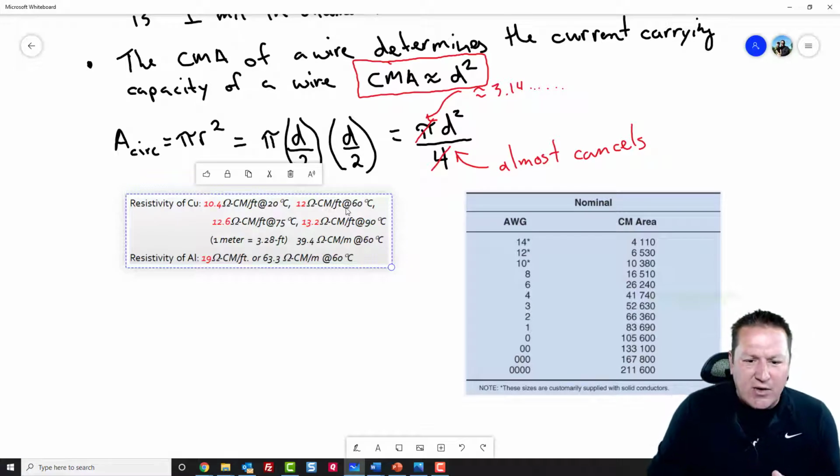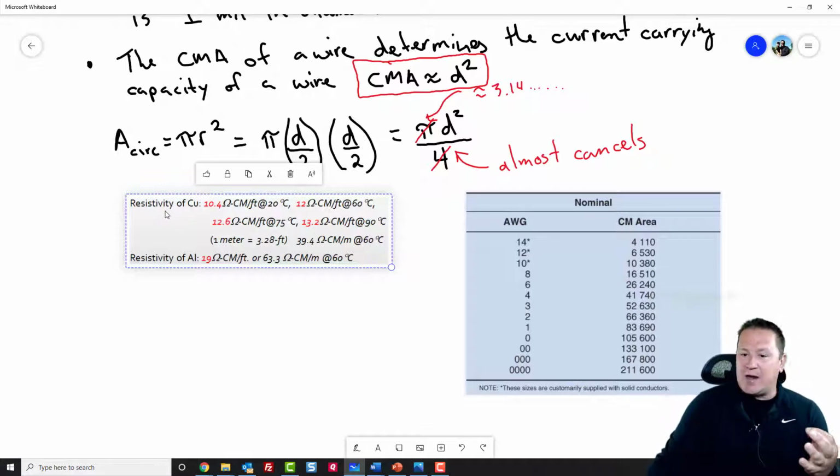And you can see here, I have a table, again, I found it online, that gives the resistivity of copper and aluminum at certain temperatures. So you can see here, the resistivity of copper at 20 degrees C is 10.4 ohms, and this is a pretty odd unit of measure, circular mills per foot, okay?